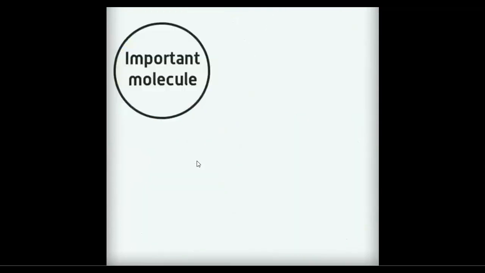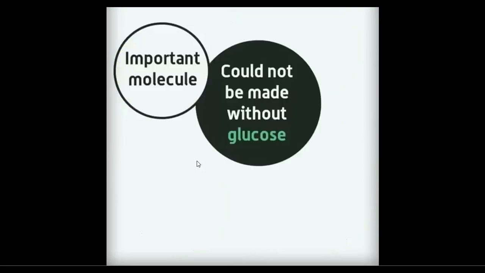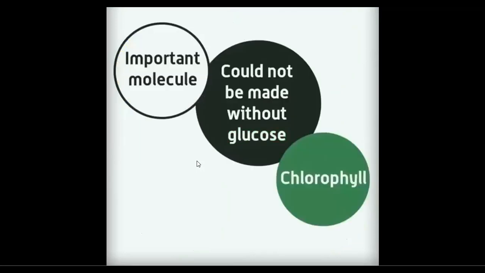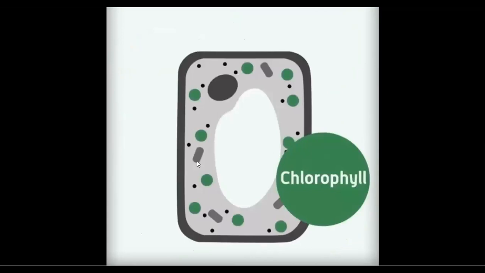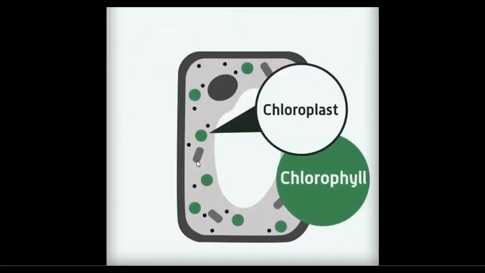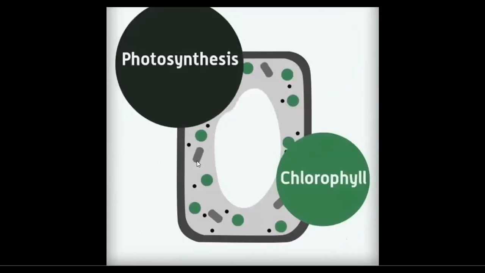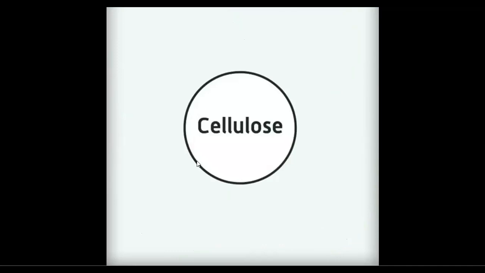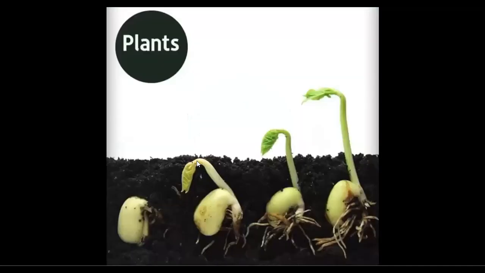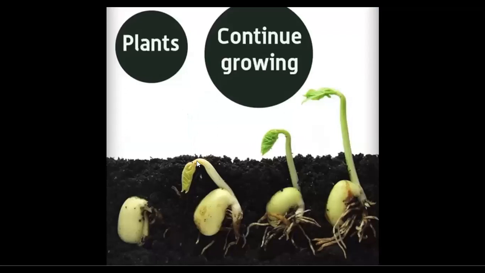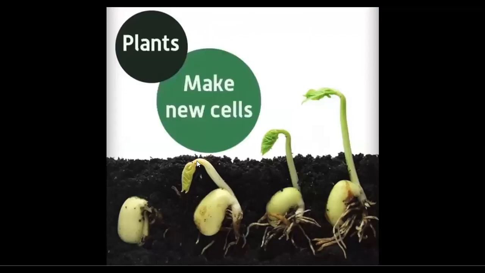A very important molecule that couldn't be made without glucose is chlorophyll. Chlorophyll is the green pigment found in chloroplasts and is essential for photosynthesis. Finally, cellulose. Plants are different from animals in that most plants continue to grow throughout their entire life. In order to do this, plants have to continually make new cells.